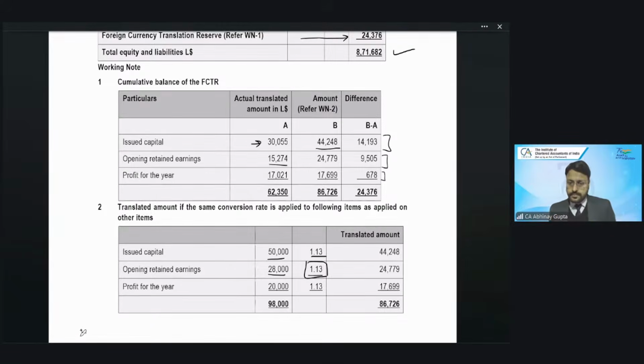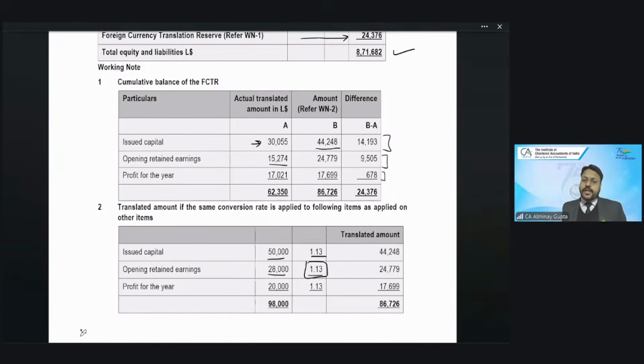Retained earning is the P&L item. So retained earning is coming in my balance sheet. Yes or no? Yes, sir. From profit and loss account, we are moving to retained earning, that balance sheet. Correct.